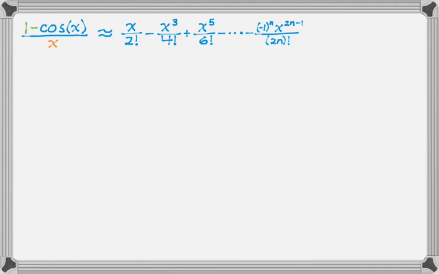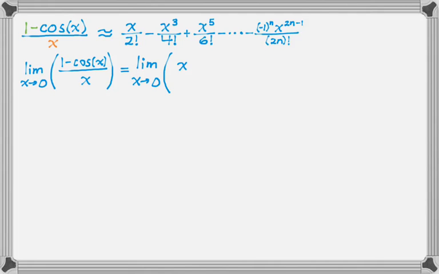Okay, having done that, I can now actually evaluate this limit. The limit as x approaches 0 of 1 minus cosine of x over x is going to be exactly the same as the limit of the right-hand side of what we wrote. And it's easy. You can see the pattern, right? We could extend that out to infinity, which would turn this from a polynomial into a power series.